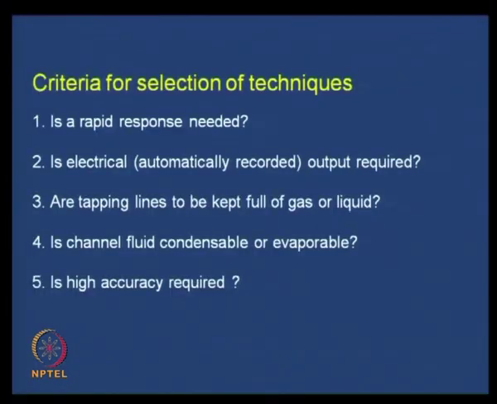What is the other thing? Is the channel fluid condensable or evaporable? Okay. So, in that particular case what do we do? Suppose we are working with cryogenic fluids, what can we do? In the tapping line, just after the tapping point, we can install an evaporator if it is gas filled or vapor filled lines, or a condenser if it is liquid filled lines.